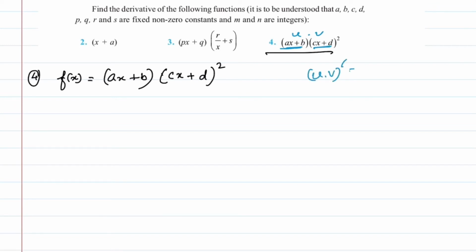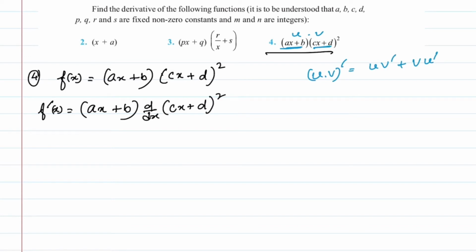So derivative of u into v is given by u derivative of v plus v derivative of u. So let us apply this. The derivative of the function, f dash x, is given by the first function ax plus b, derivative of the second function cx plus d whole square.